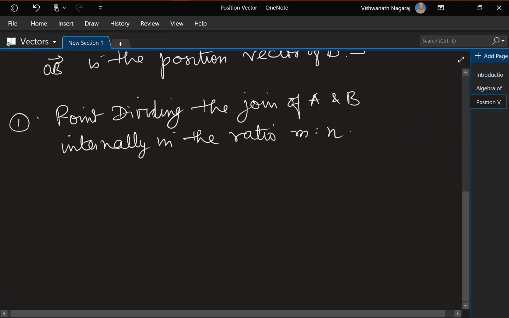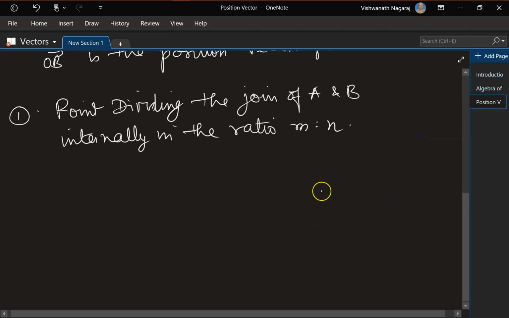Basically, this means we have a line AB, and there is a point somewhere on this line, let's call it P. Now this point P divides AB in the ratio of m:n.